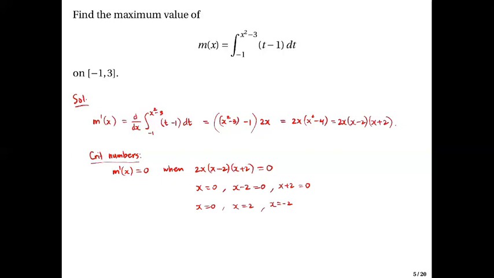So all we need to do is to evaluate this at each x. For m of 0, this is now the integral from negative 1 up to negative 3 of t minus 1 dt.